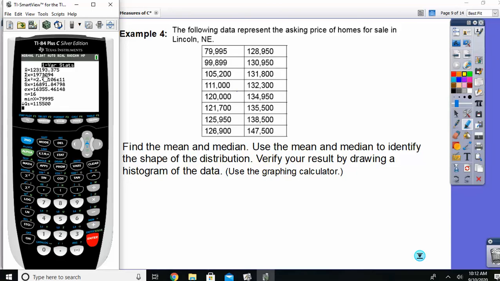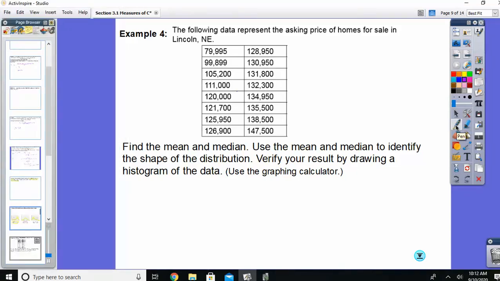If we are talking about money, how many decimal places would I go to? Okay, so x bar. If you didn't get that exactly, what does that mean? It means you typed the number wrong.